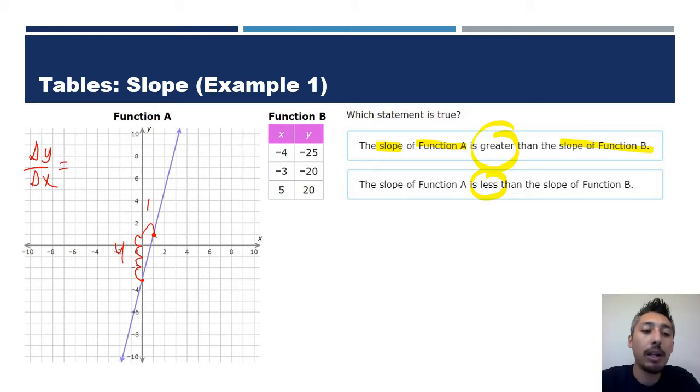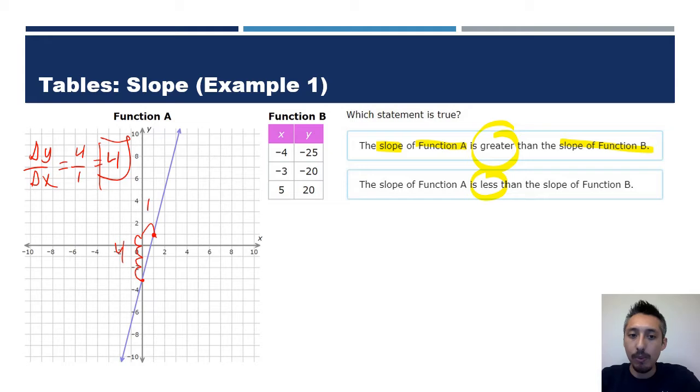My change of y is 4 and my change of x is 1, which becomes 4, because 4 divided by 1 is 4. To find the slope of function B, it's very similar, but the thinking process is a little different. It's similar in the sense that you have to choose 2 points.